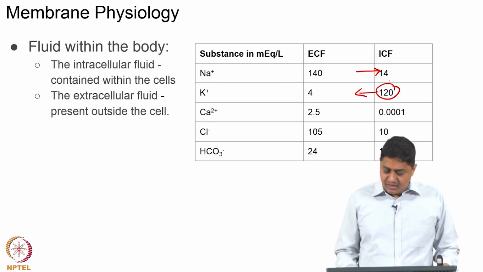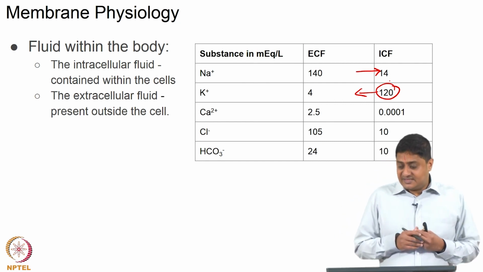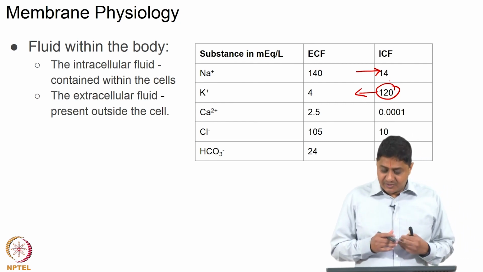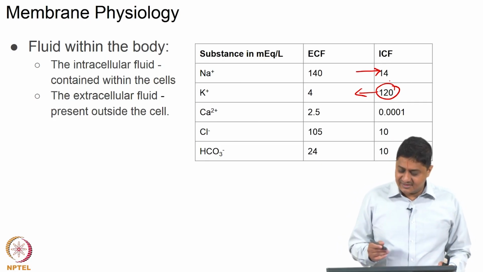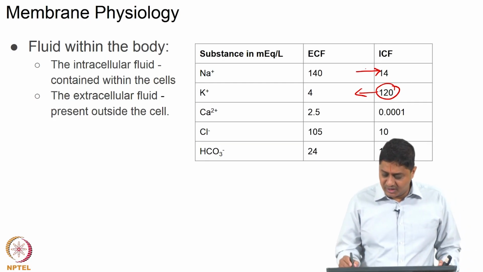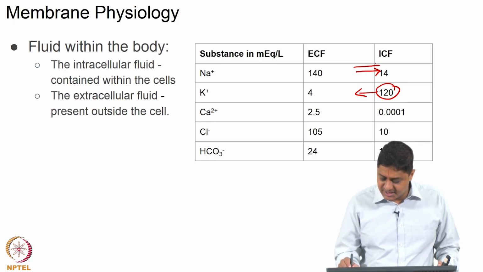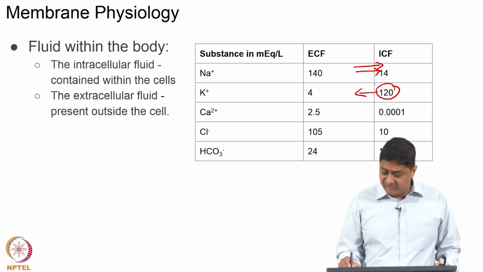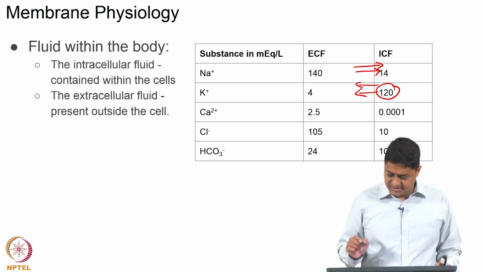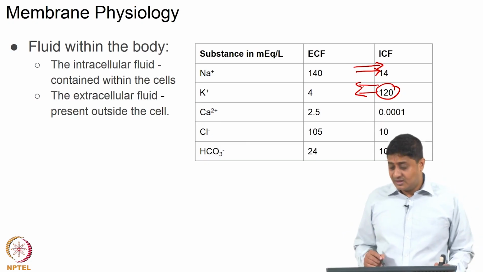So, if the channel is available for transport and if it is open, then what you would expect is the natural movement of sodium would be from outside the cell to inside the cell, and the natural movement of potassium would be from inside the cell to outside the cell.